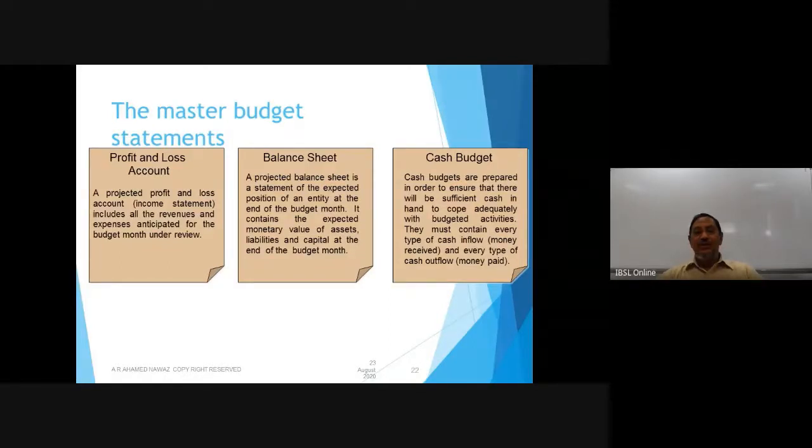To do these activities, what amount of sales should there be? They must contain every type of cash inflow, monetary receipt, and every type of cash outflow, money paid. So inflow, outflow, and the net result is how much surplus cash the customer has, a surplus or a deficit.